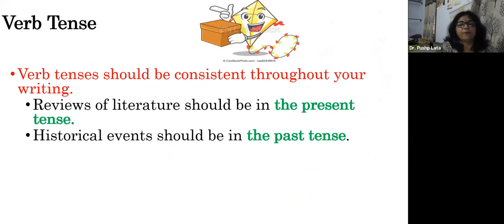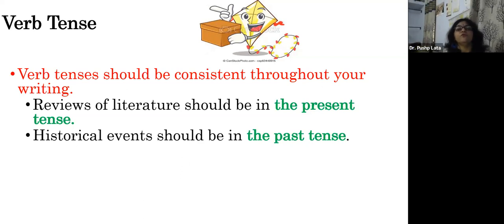So coming to the language again, we should always use the verbs, because verbs denote action, and we should be consistent throughout. For example, when you are doing the review of literature, you are writing the literature review section, there you should always use present tense.